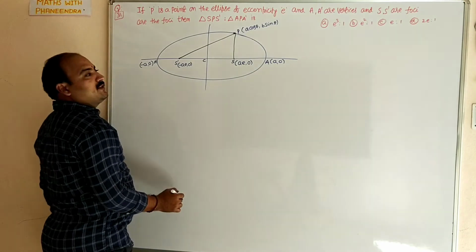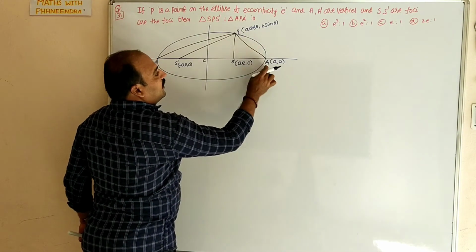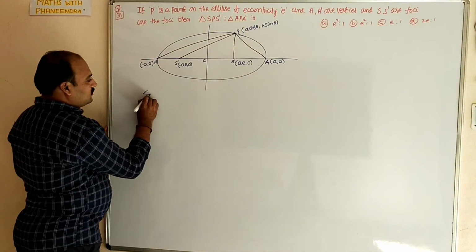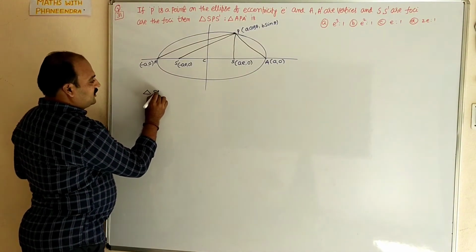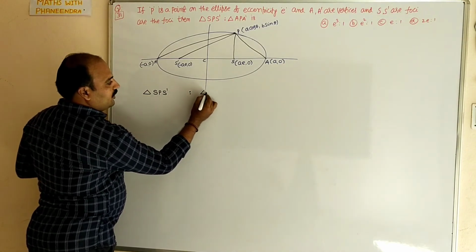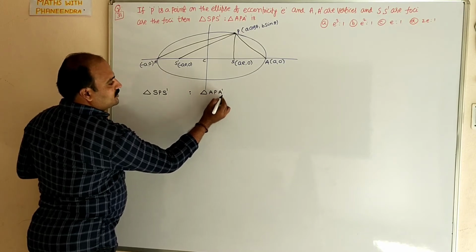First, the area of triangle SPS dash is to the area of triangle APA dash.